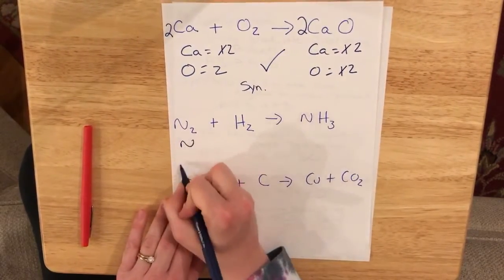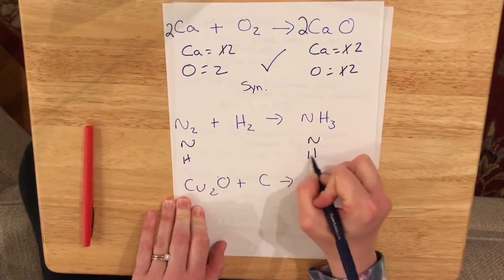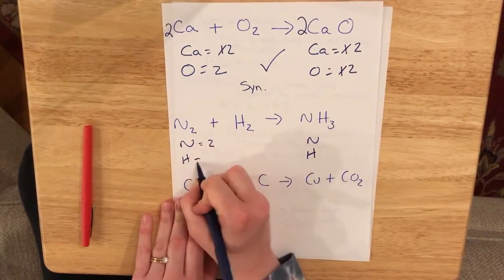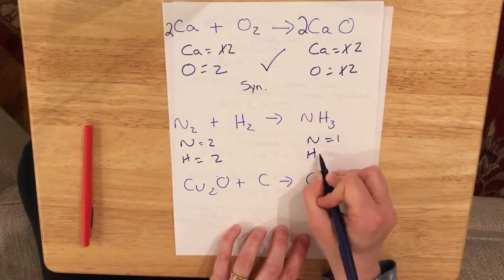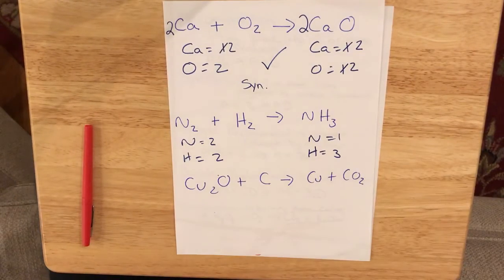Alright, here I have nitrogen and hydrogen, nitrogen and hydrogen. I start out with 2 and 2, and I end up with 1 and 3. So the first thing I have to think of is, putting a 2 there isn't really going to help because I have this odd number. So I have to think, what do I need to do in order to make this solvable?